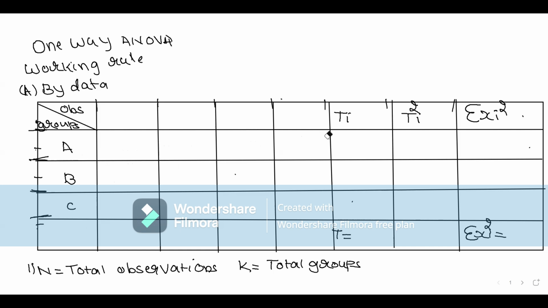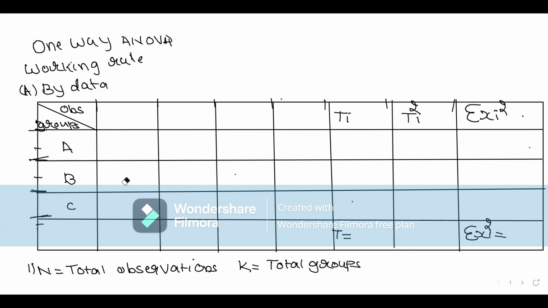These observations you have to add, that is the Ti value. Then you take the Ti square of this value. Then take the square of this, plus square of this, plus square of this, plus square of this, and add them. That is summation of xi square.